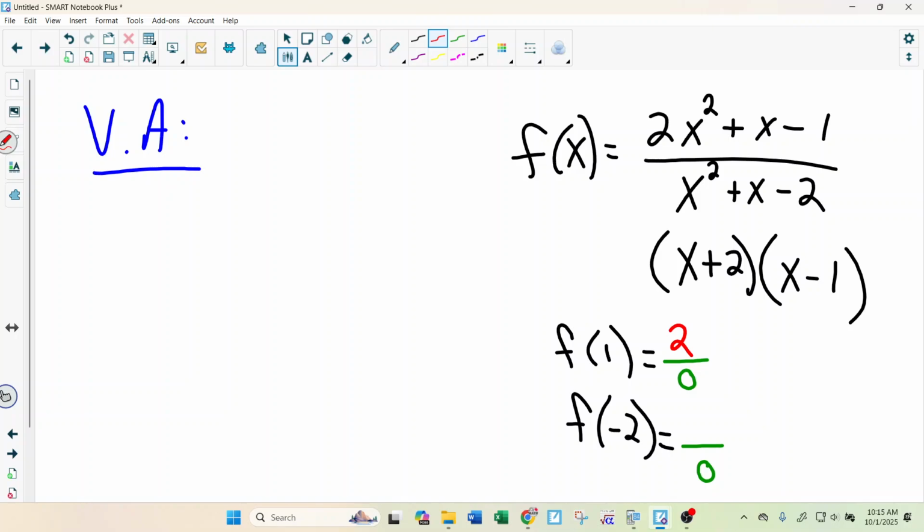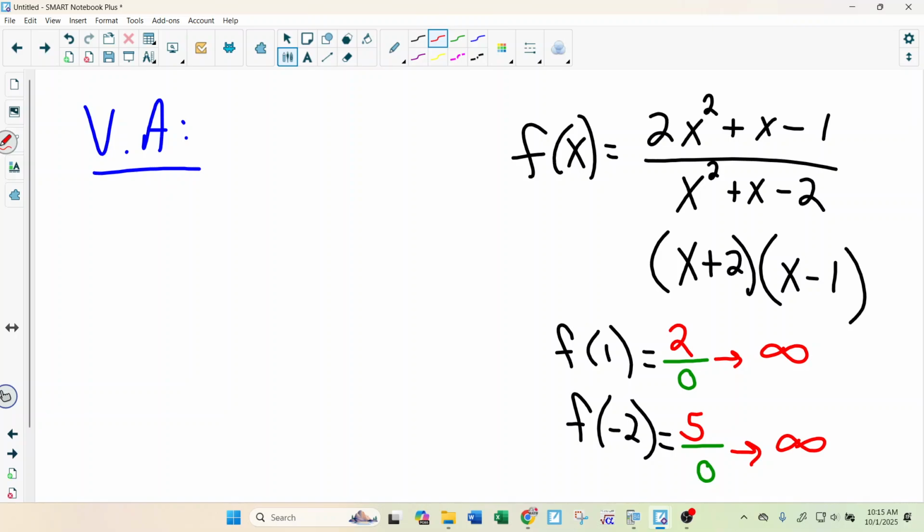I get 8, and minus 3 is 5. So both of those have a number over 0, which tells me in terms of discontinuity, both of those are infinite discontinuities, right? Both of those are going to be vertical asymptotes. Remember, if we got 0 over 0, that means you have to do more work, okay?